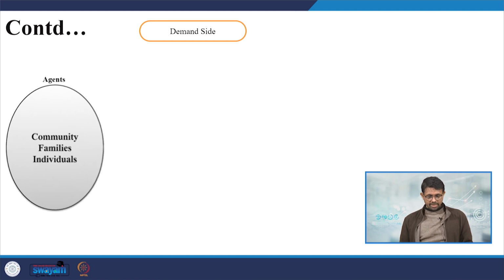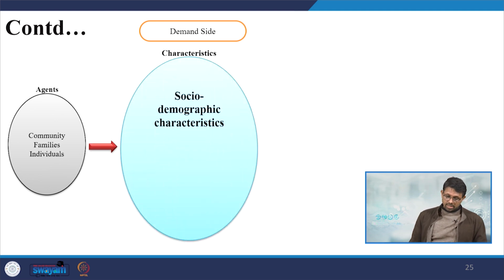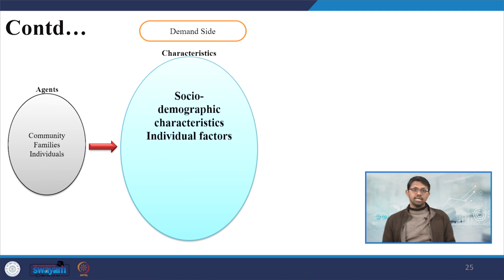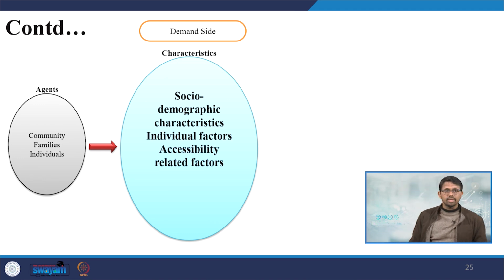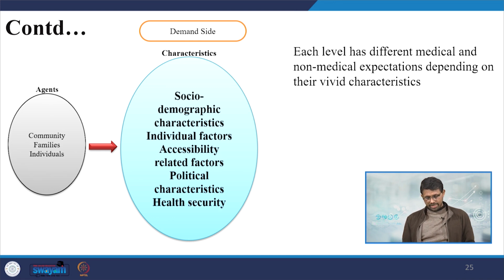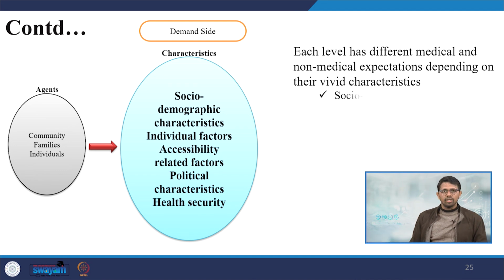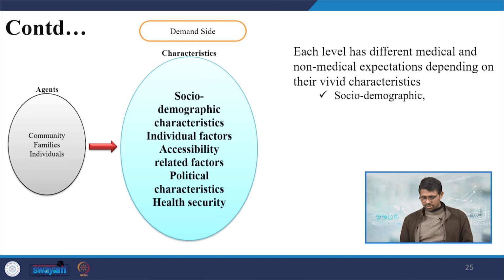And these will also have specific characteristics. It is bearing socio-demographic characteristics, individual factors, accessibility-related factors, and even has dimensions of political characteristics and health security. Each level has different medical and non-medical expectations depending on their varied characteristics.